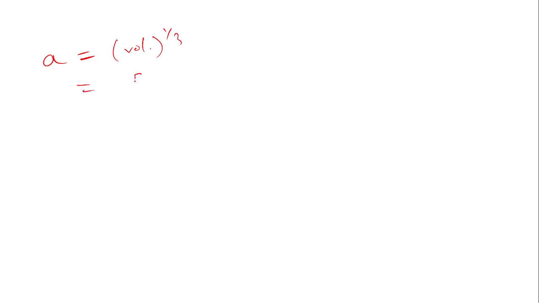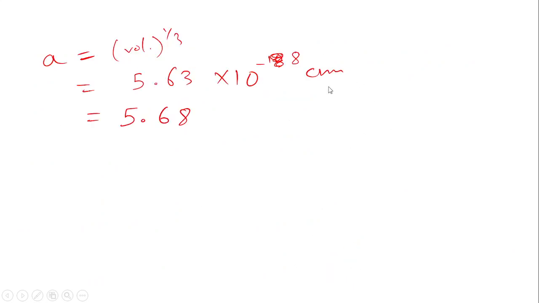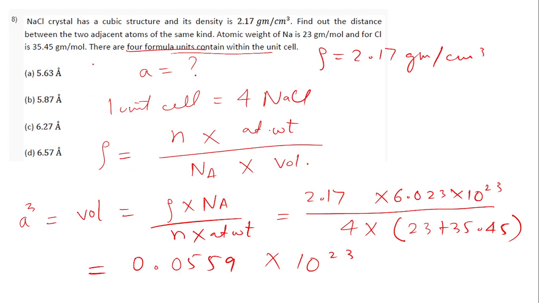So I'll get 5.63 times 10 to the power minus 8 centimeter, and in angstrom this will be 5.63, right, because this is 10 to the power 23. If we take it here, it will become 10 to the power 24, and 1/3 of it will be 8. So this is how we get this, and this will be 5.63 angstrom. So the correct answer will be option A.